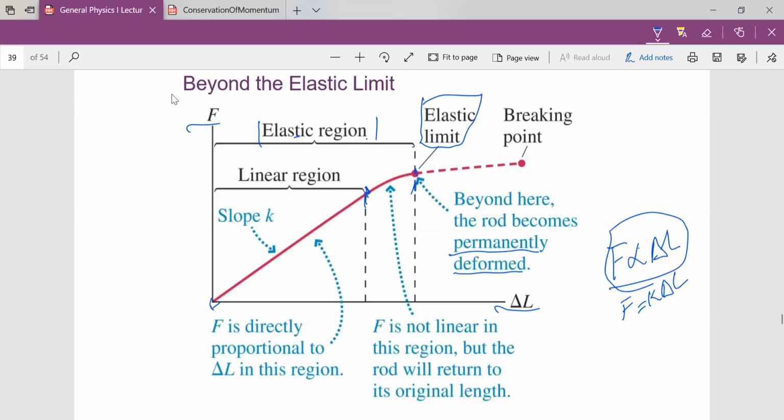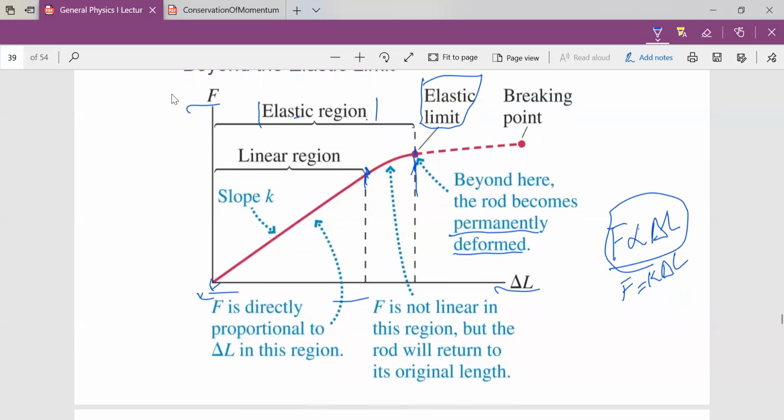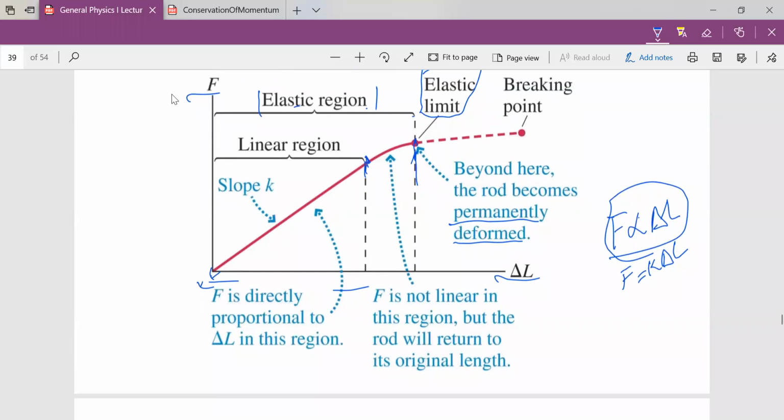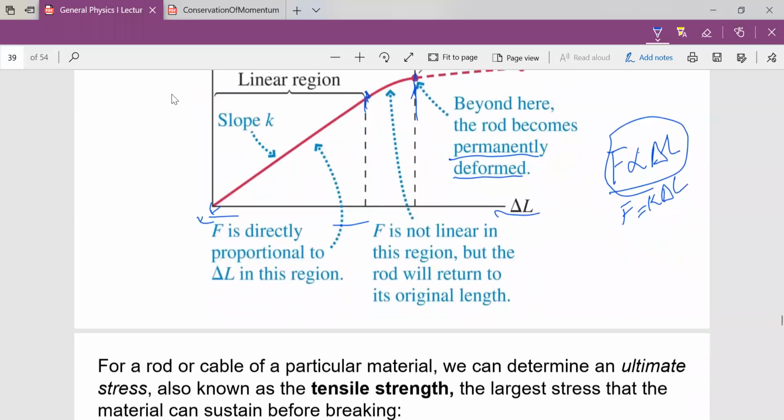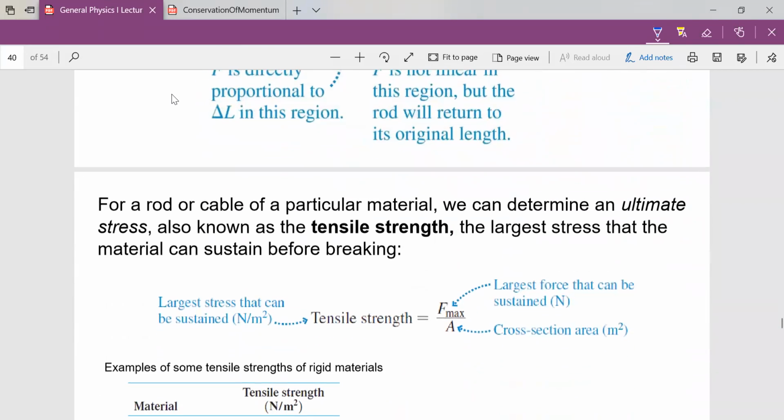So we'll bring in what we call the tensile strength. The tensile strength of this material reads from here down, okay? The region from the linear region to the elastic point, beyond which it starts breaking. That is what we call the tensile strength of that material, because it has gone beyond its ultimate stretch. Such ultimate stress on that material is what we call that.